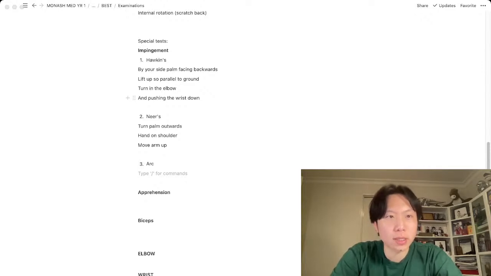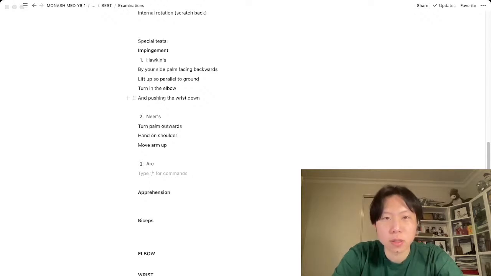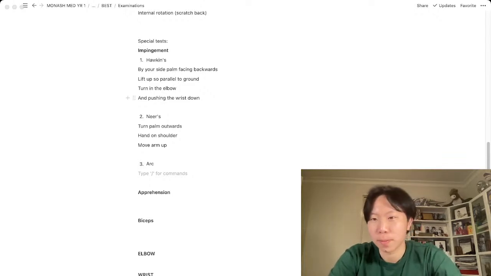Expecto is, yeah, I await, I expect, I anticipate, I hope for. And patronum is patron, defender, protector. So I await a protector, or I hope for a protector. Literally, though, a smoother translation is probably something like I summon a guardian.